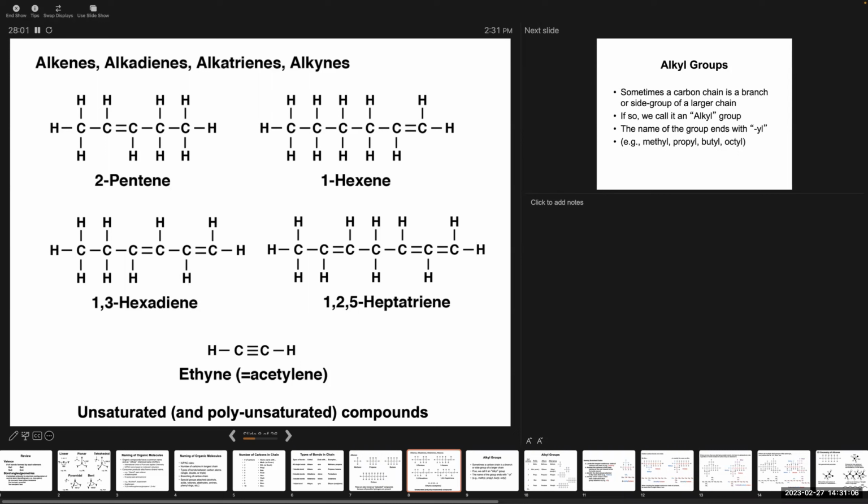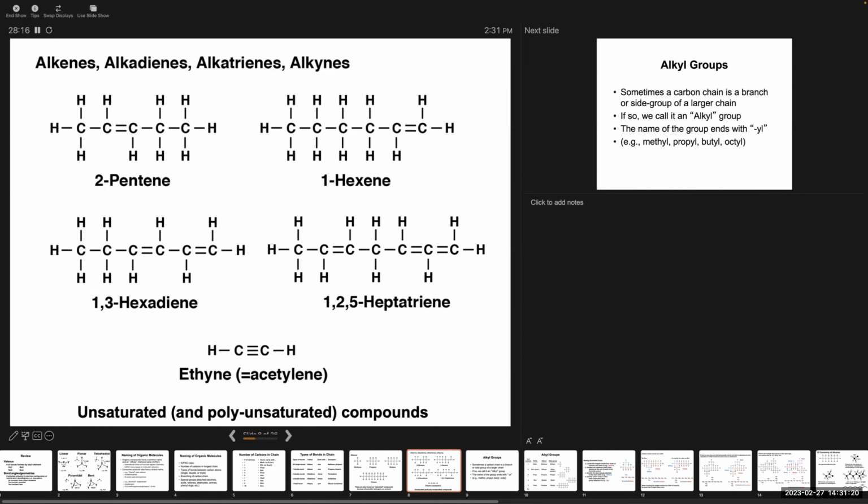These are all examples of what are called unsaturated compounds, and you might have to stand up to see that on the computer screen because it's cut off at the bottom of the slide. The pentene and hexene that have just a single double bond, they are unsaturated compounds, meaning that since some of the bonds are involved in attaching carbons to one another, there are 2 missing hydrogens in a sense.